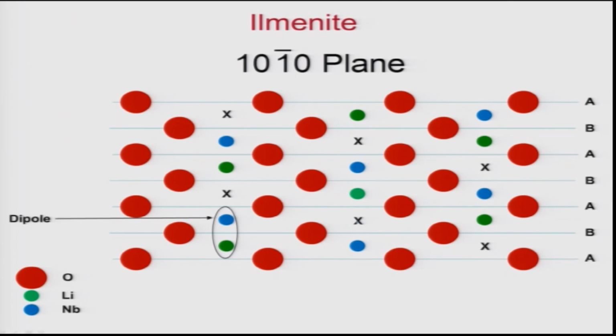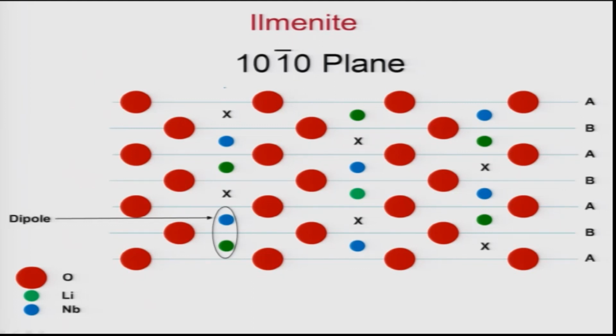So, this is niobium, here would have been lithium, empty, and then again lithium, niobium, it will continue that way. So, within the layer you have this periodicity, and perpendicular to the layer also you have periodicity: lithium, niobium, empty, lithium, niobium, empty.